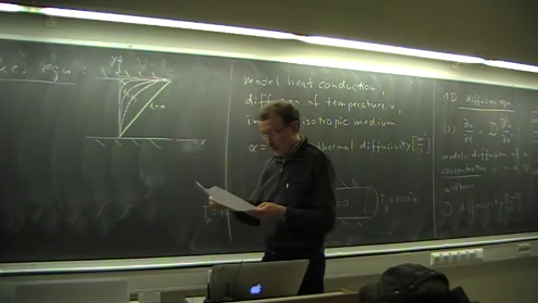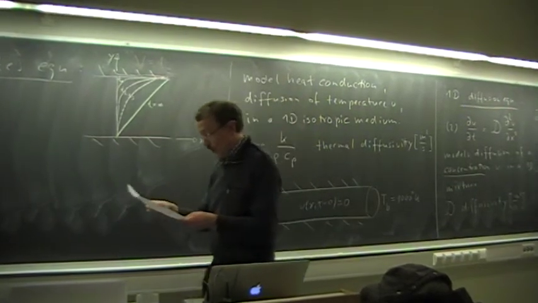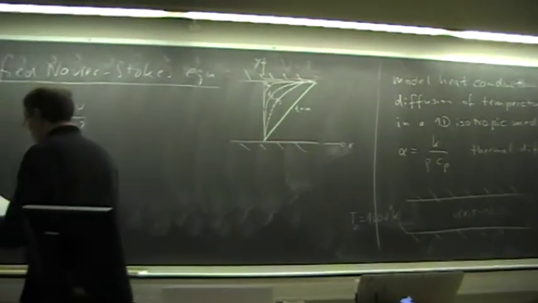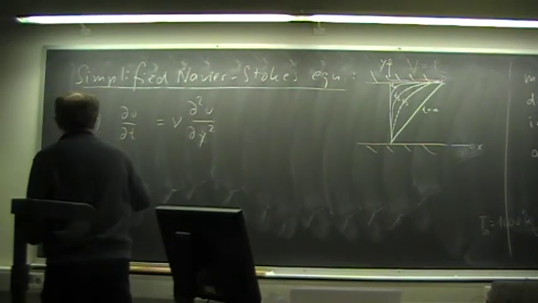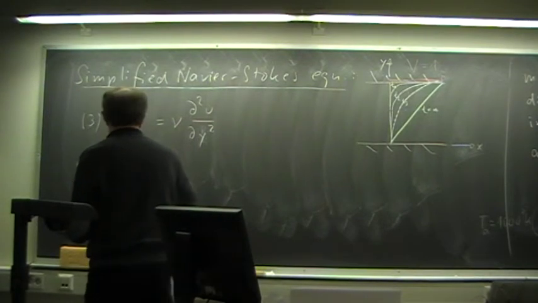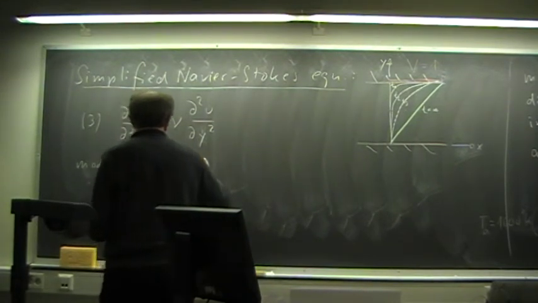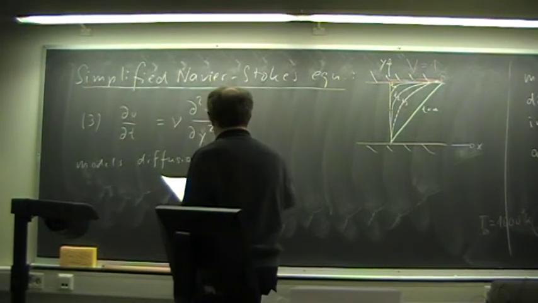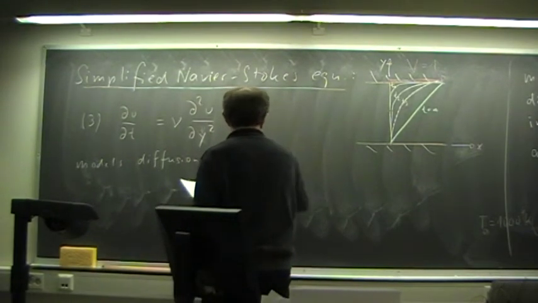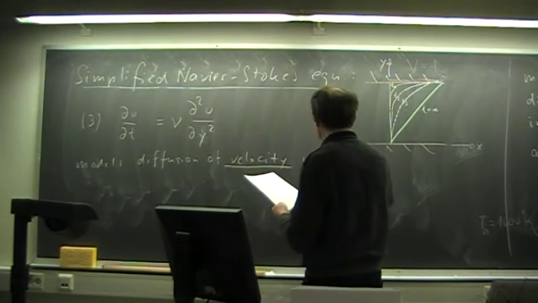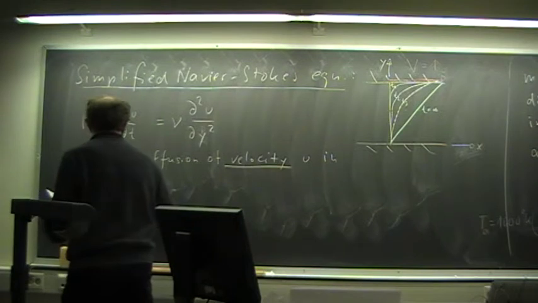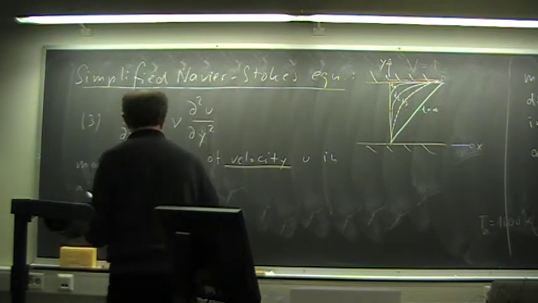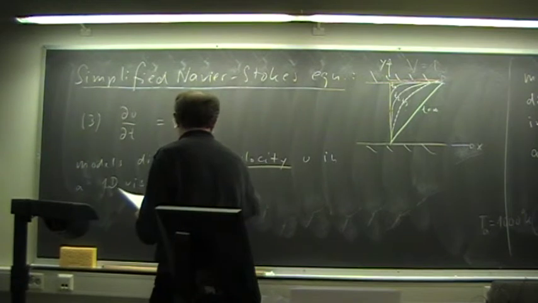So this equation models the diffusion of velocity u in a one-dimensional viscous flow.